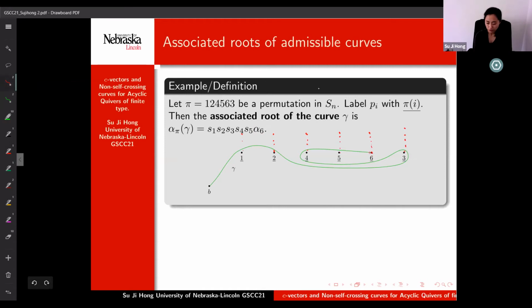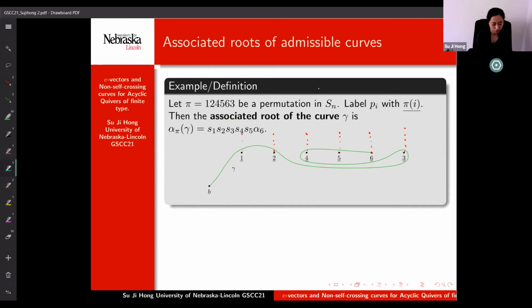When we follow this curve, the next thing it passes is this ray above 5. So that's why we have this reflection as 5. And then it passes this 4. So we have this reflection as 4, and so on and so forth. The next thing it passes through is 3, and then 2, and then 1. So that's how we can associate this curve with a root.